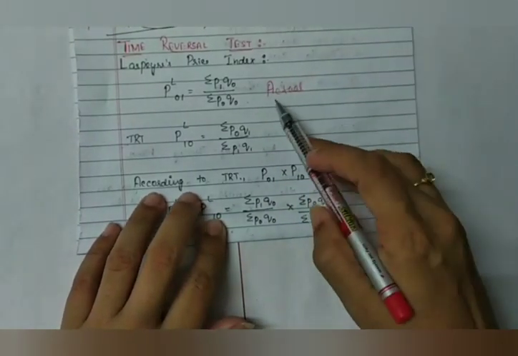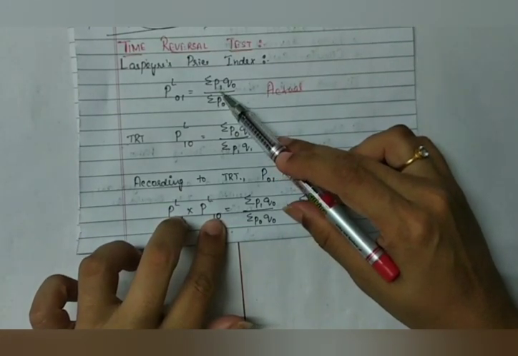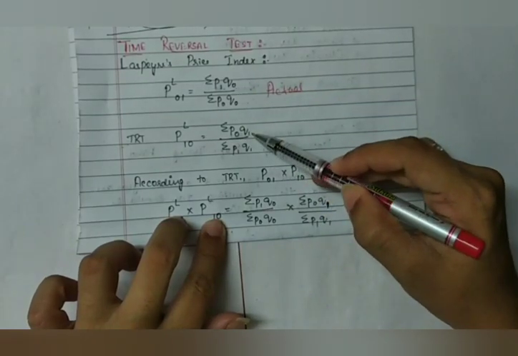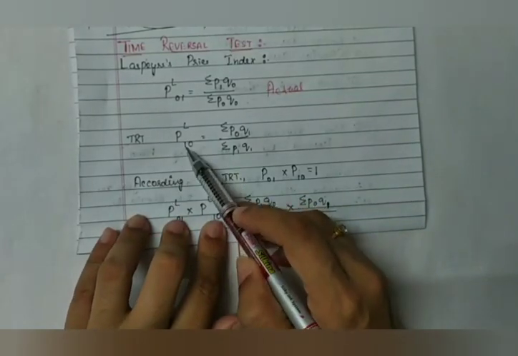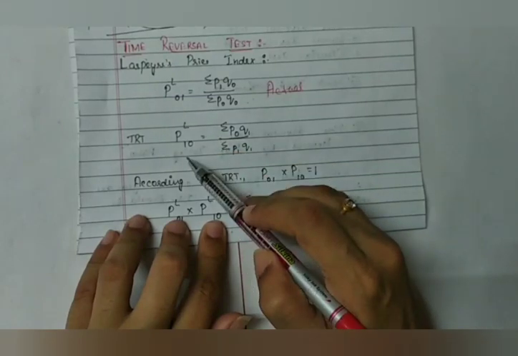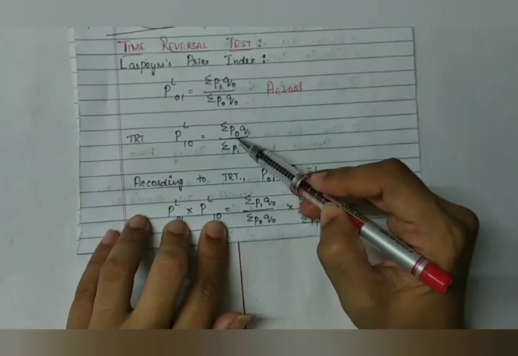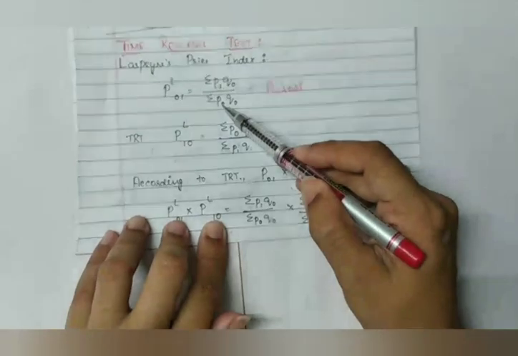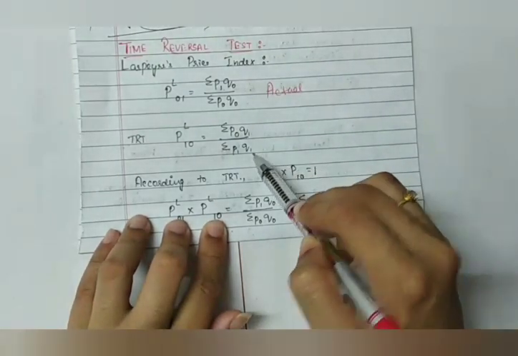Okay, so time reversal test means the current year becomes base year and base year becomes current period, isn't it? So in TRT, PL01 which was earlier 01 is now 10, and P1 became P0, Q0 became Q1, P0 became P1, Q0 became Q1.